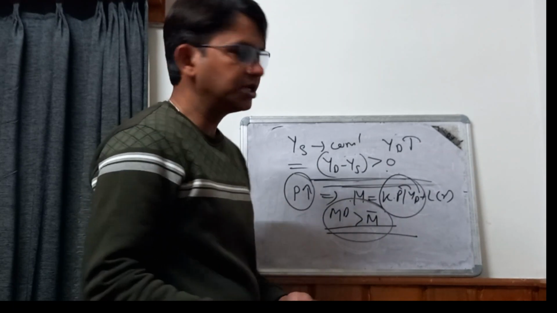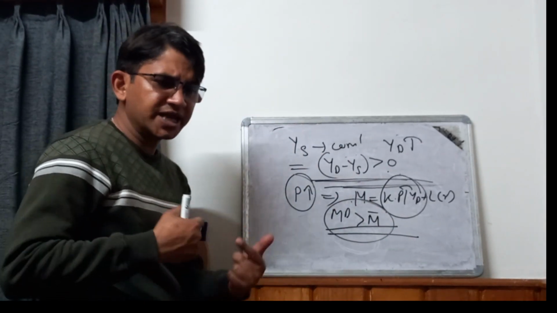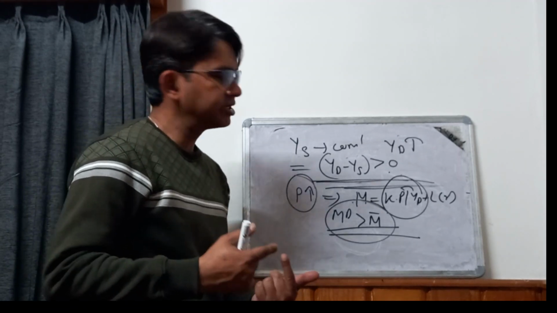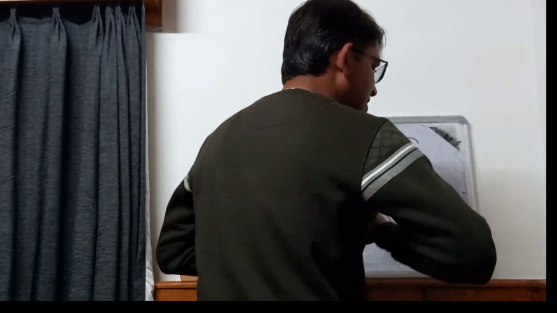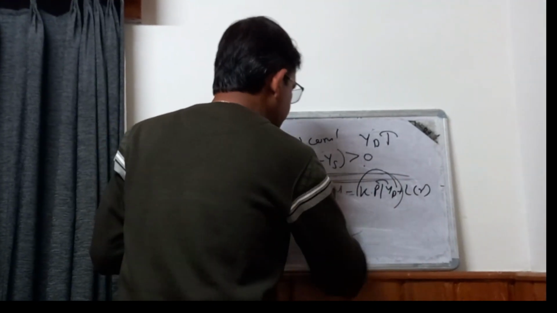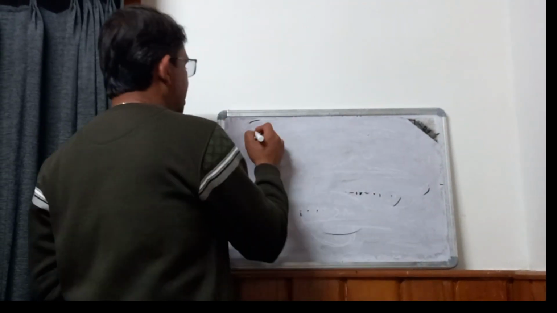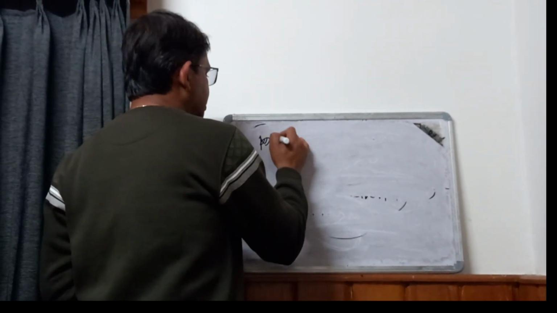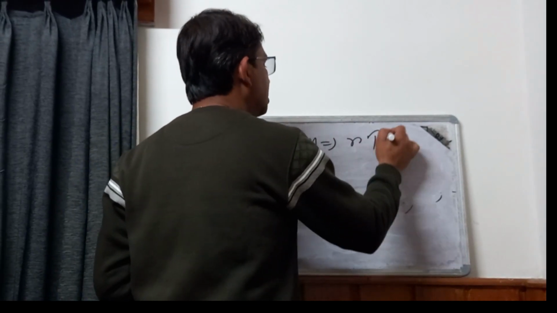And we have already discussed that if there is an excess demand situation in the money market, the rate of interest will rise. I am not repeating the same mechanism. Whenever there is excess demand in the money market, the rate of interest will rise.